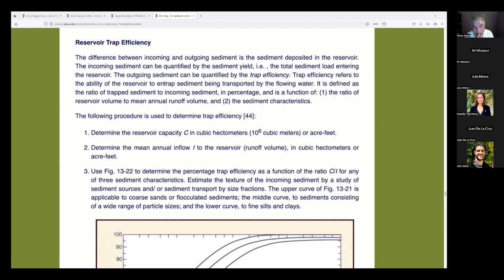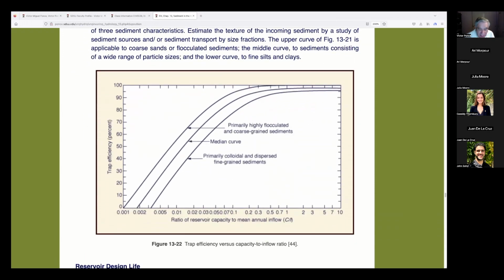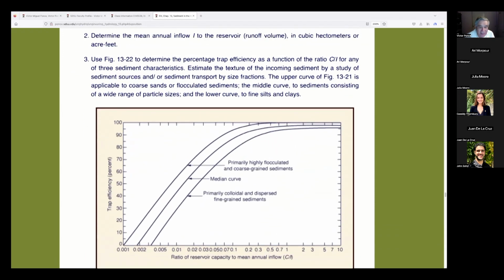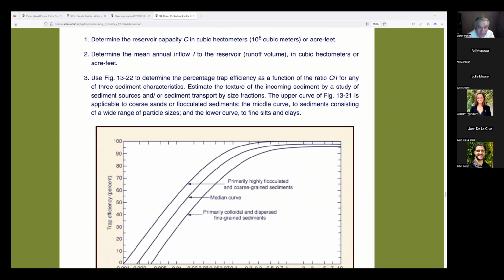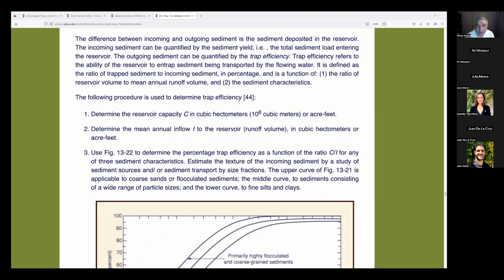So in other words, if this ratio is high, it is going to trap a whole lot. If it's low, it will trap a whole lot less. Why? Because in the numerator you have the reservoir volume, and in the denominator is the annual runoff volume.